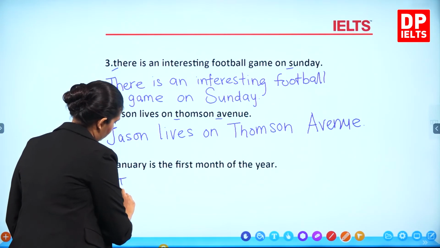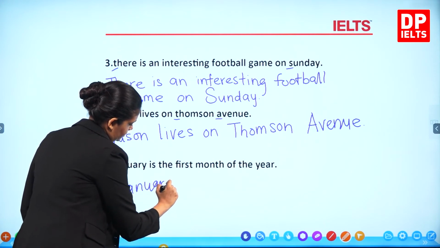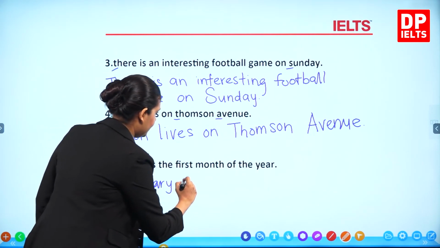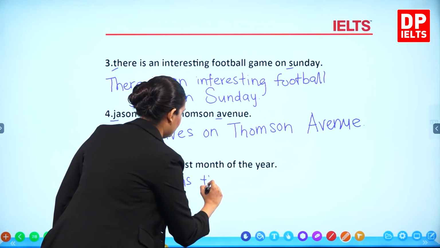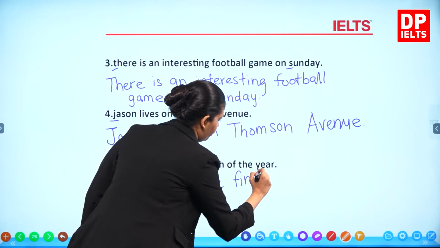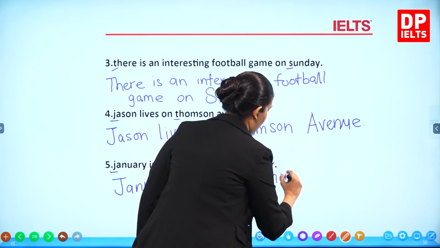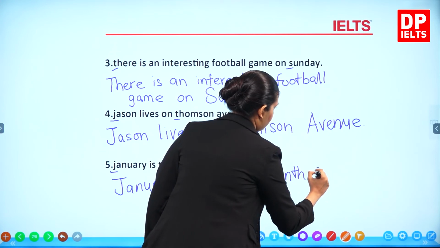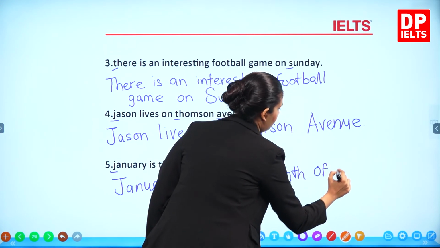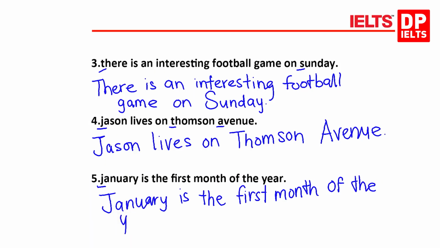The last one, January is the first month of the year. So we are going to write January is the first month of the year.